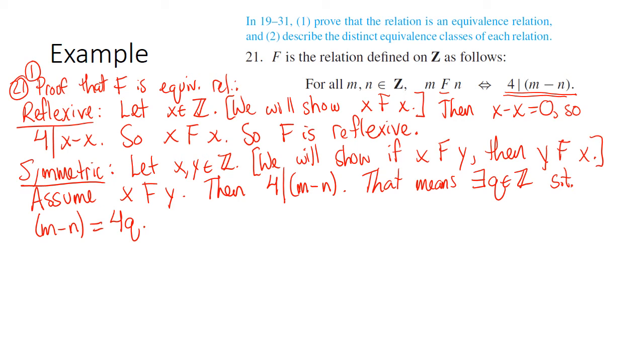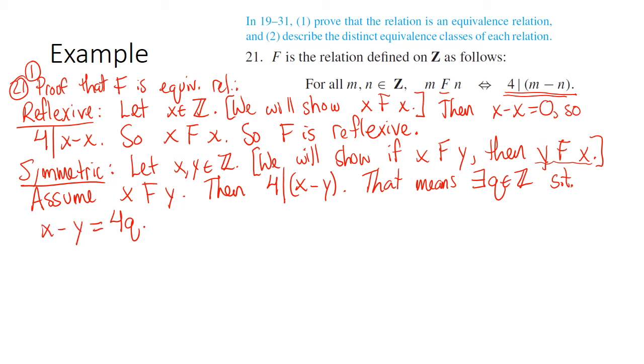Okay, now let's think about what we're trying to show. Remember, we're trying to show that y is related to x by f, so that would be, oh wait a minute, when did I switch to m's and n's? I'm sorry, this should be x's and y's. Oopsie-doo. Okay, I'm sorry.